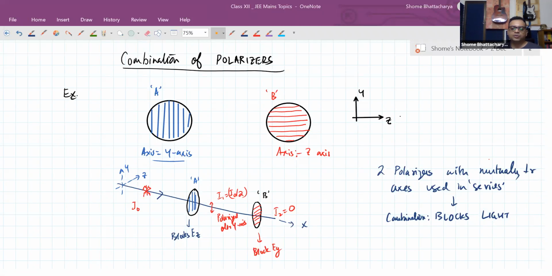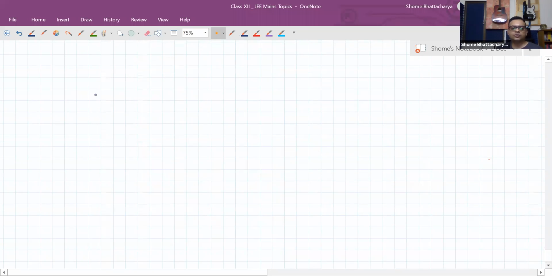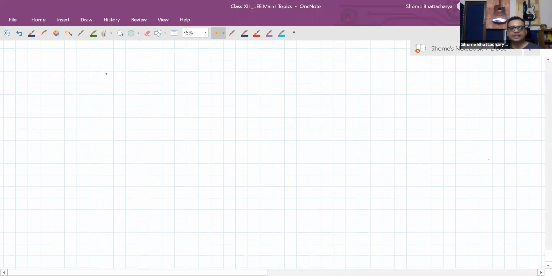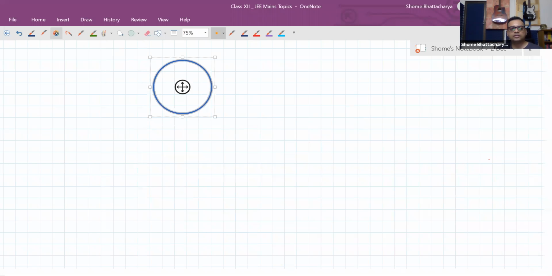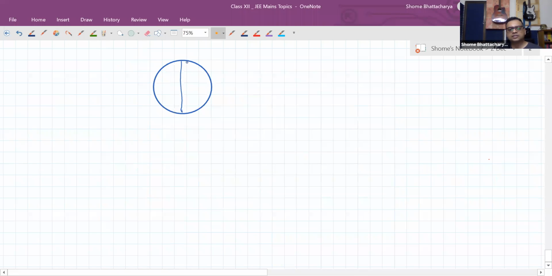Now, instead of them being mutually perpendicular, if they are at some angle, then that angle plays a crucial role in what is the intensity of light which passes through the combination. Suppose now I have the situation where my first Polaroid has a polarization axis like this, again along the y axis.